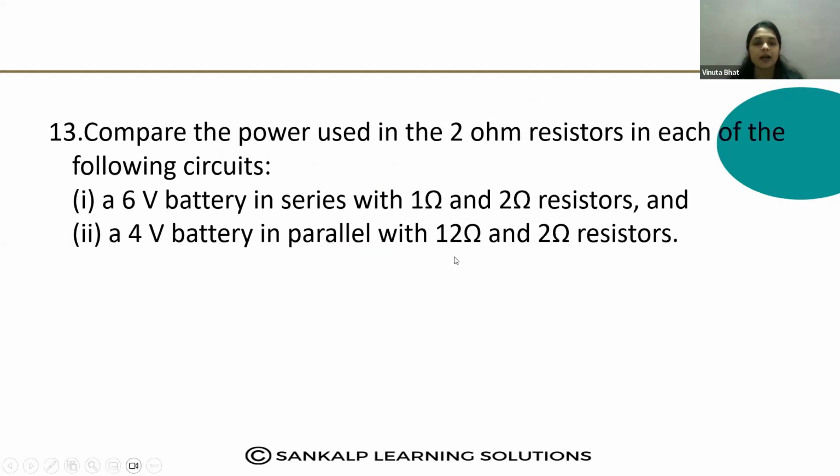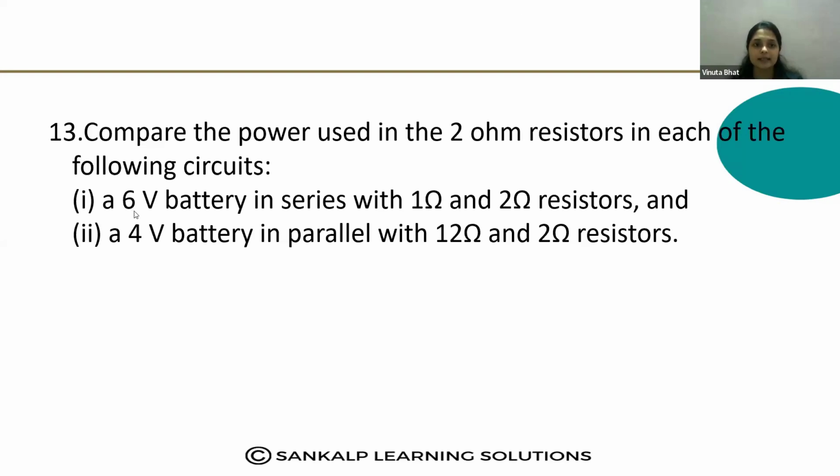Next question. Compare the power used in the 2 ohm resistor in each of the following circuits: a 6-volt battery in series with the 1 ohm and 2 ohm resistor, and a 4-volt battery in parallel with the 12 ohm and 2 ohm resistor.